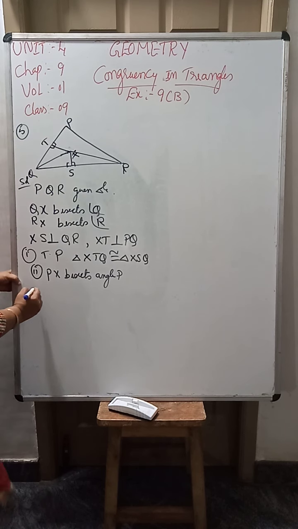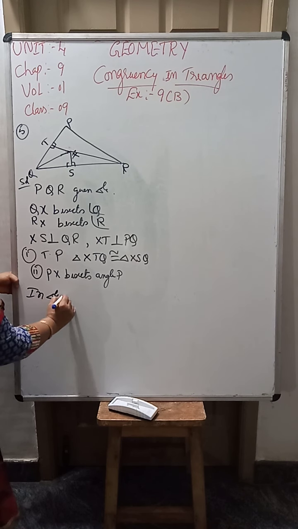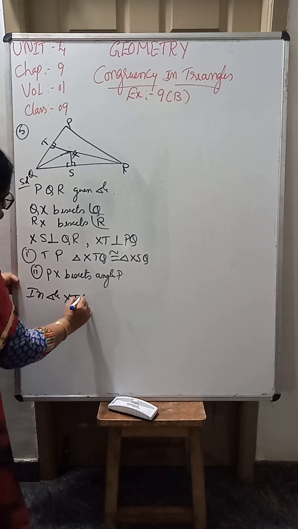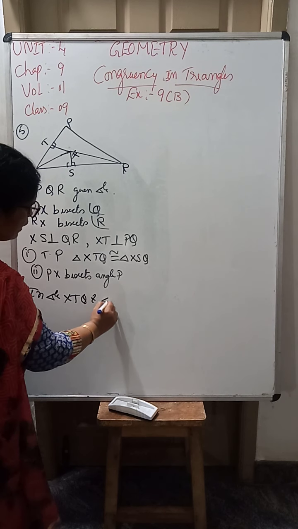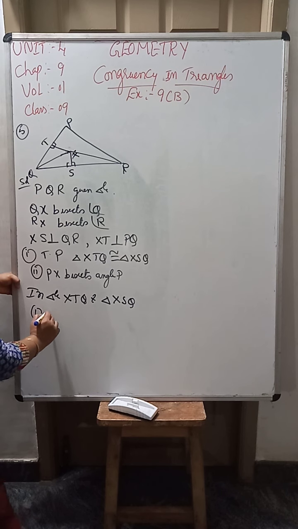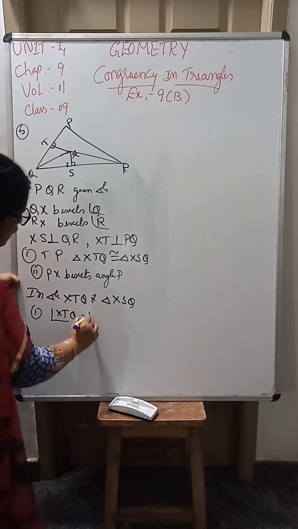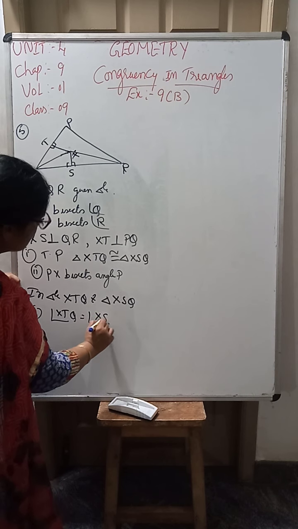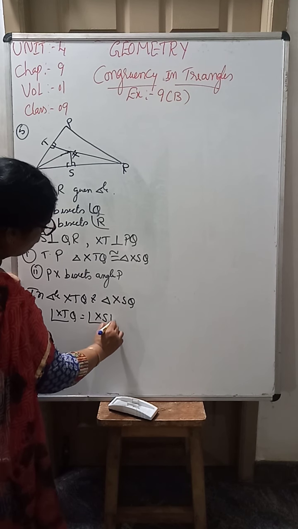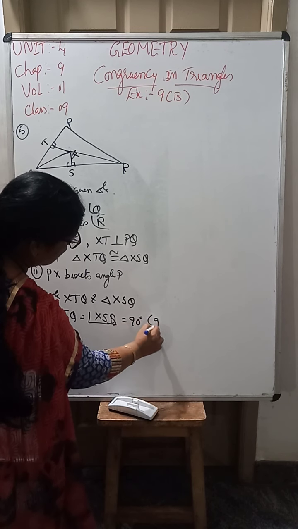So in triangle XTQ and triangle XSQ, first one, angle XTQ is equal to angle XSQ, which is equal to 90 degrees, given.